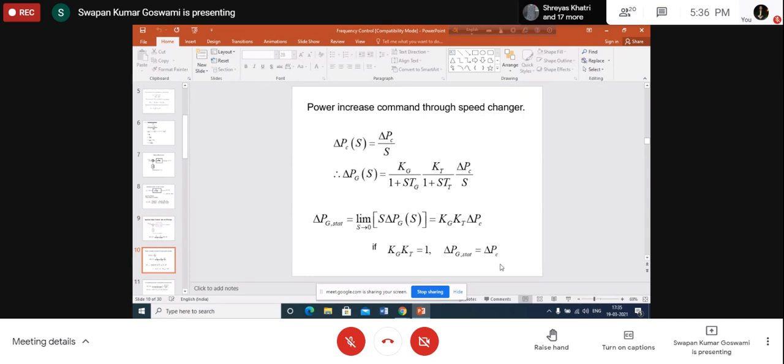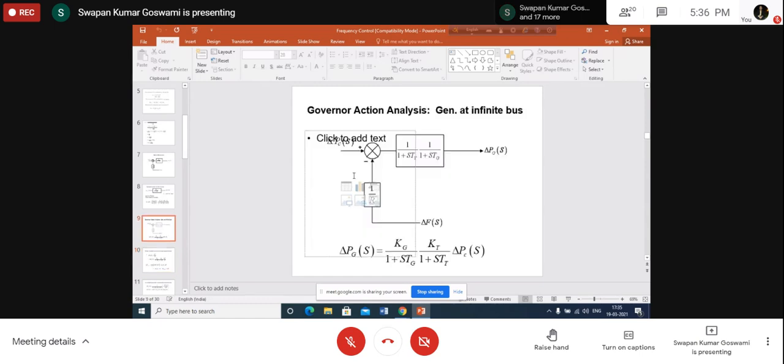All right. So what we have observed here is that you have to set the Kg Kt product equal to 1. If you set the Kg Kt product equal to 1, what will happen? If you connect a small generator to a large power system, it is equivalent to a generator connected to an infinite bus, because with respect to the power system, the capacity of the generator is very small.